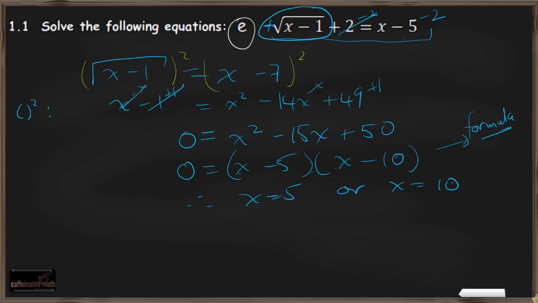Anytime there is a surd involved, because it's the principal root, the positive root, that's why I marked this, it requires some testing. Well, if we have a look at this, that says 5, so 5 minus 1 is equal to 4. Square root of 4 is equal to 2.